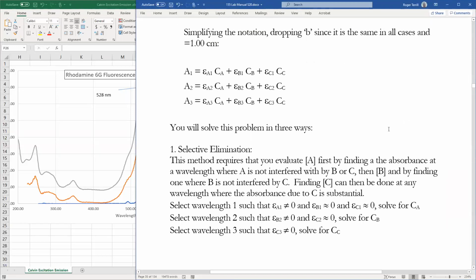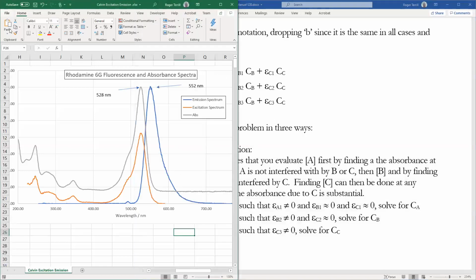So this is the process here. And you need three wavelengths. Let me pull up that file.